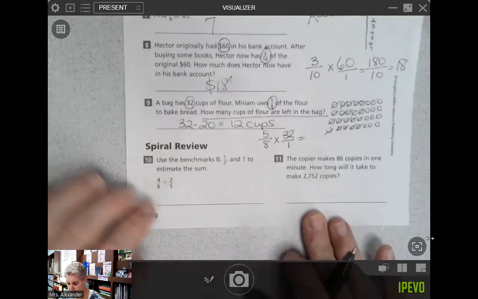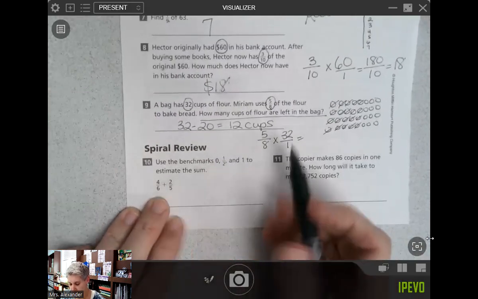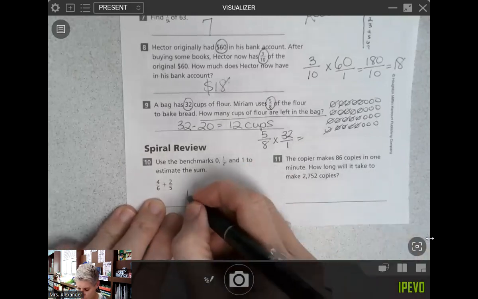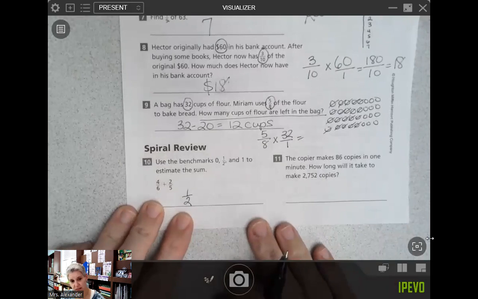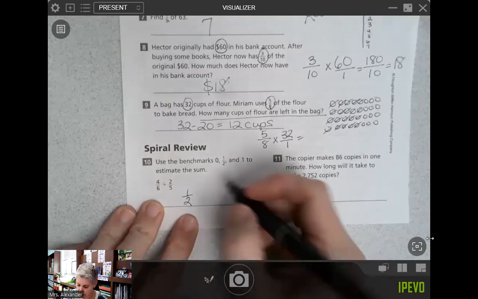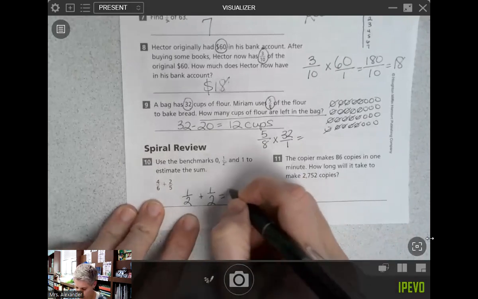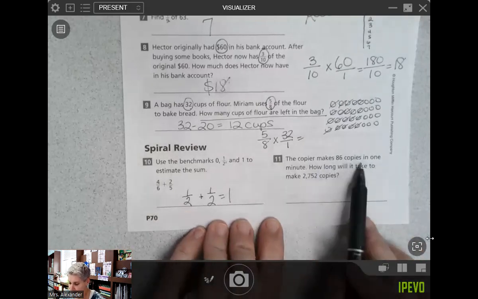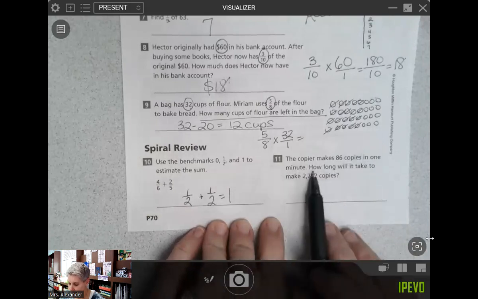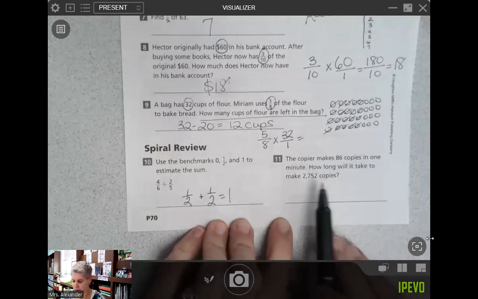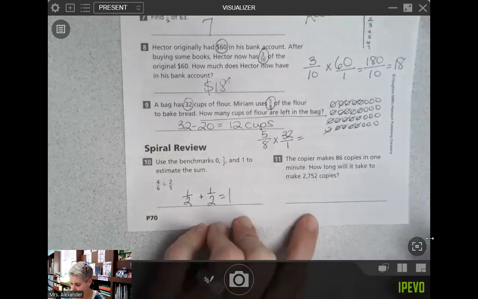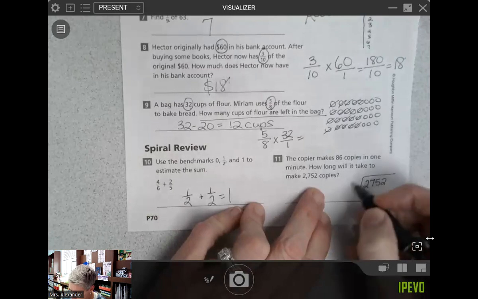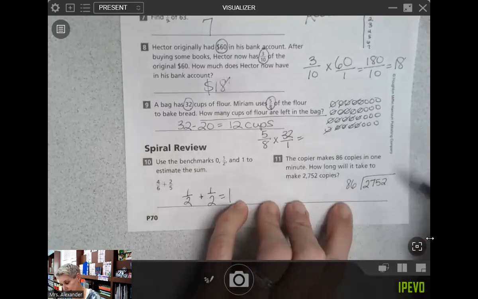All right, if we're using benchmarks, 4/6 is about, I'm going to say about 1/2. 2/5 is about, that's another 1/2. So we have a total of 1 for our estimate. The copier makes 86 copies in 1 minute. How long will it take to make 2,752 copies? So we want to split that total amount into groups of 86.